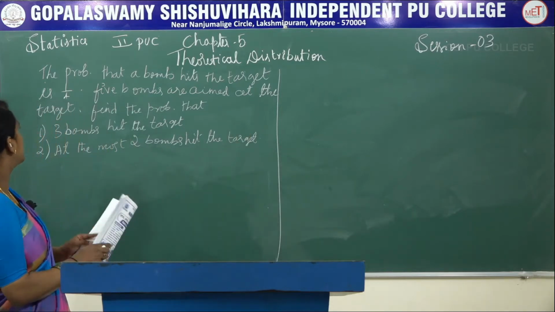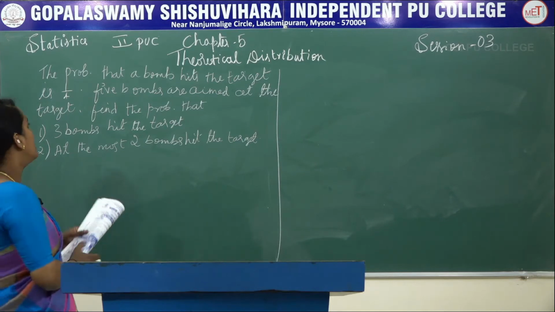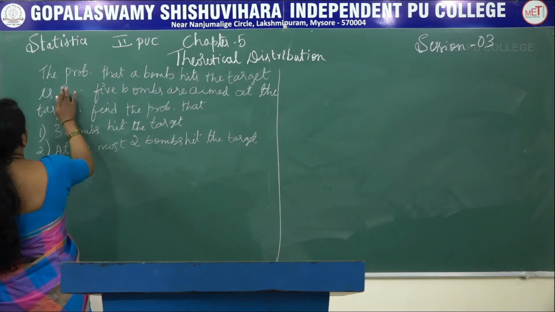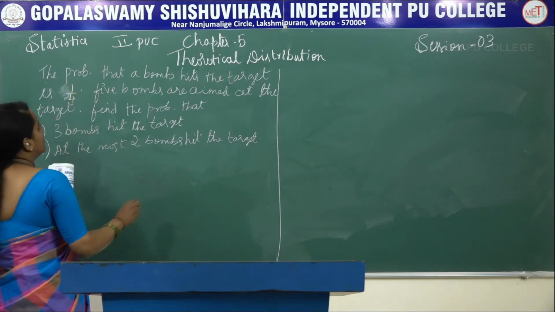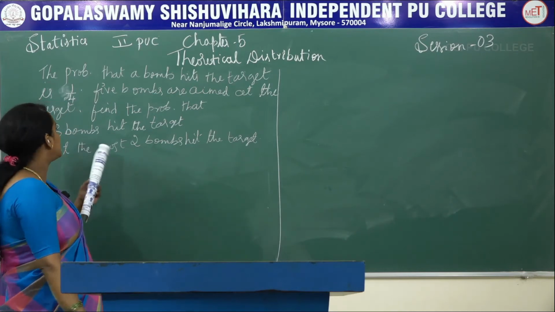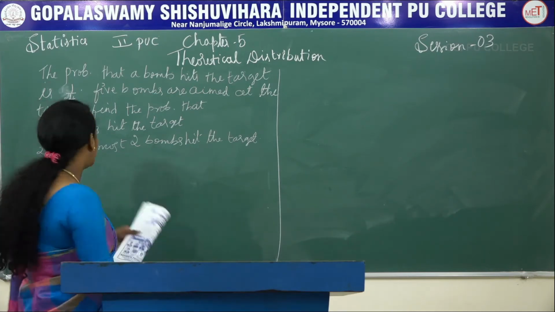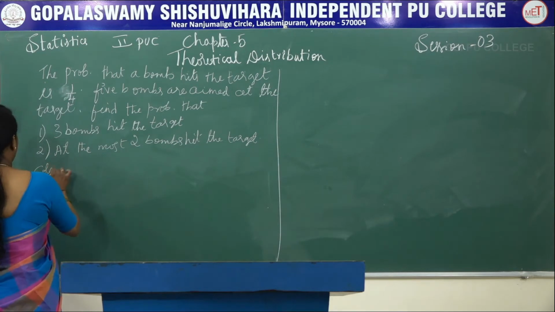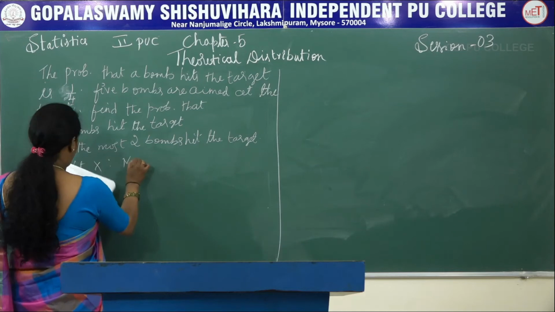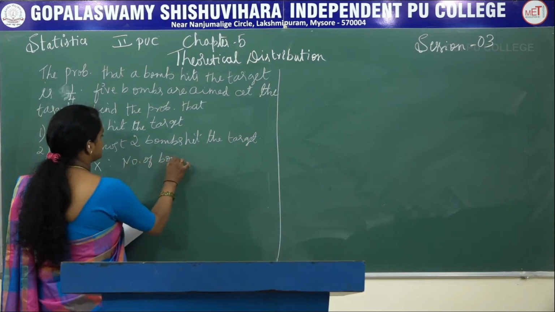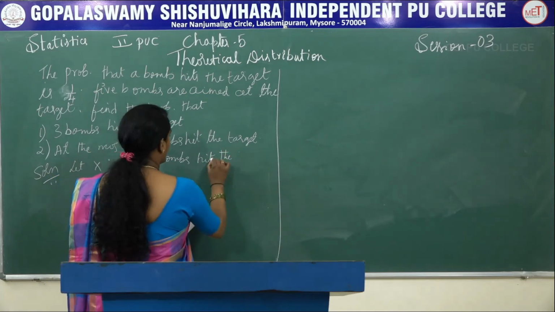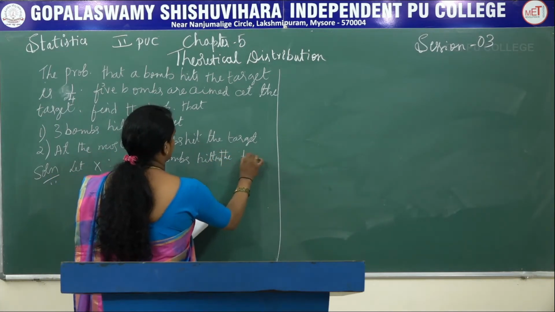Okay, since this is a binomial distribution, because here hitting of target is 1 by 4, and we have to find the probability that 3 bombs hit the target and at the most 2 bombs hit the target. Solution: let X is number of bombs hitting the target.